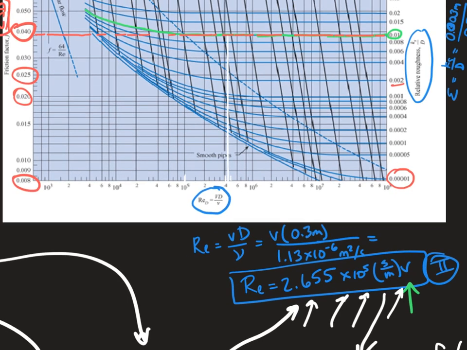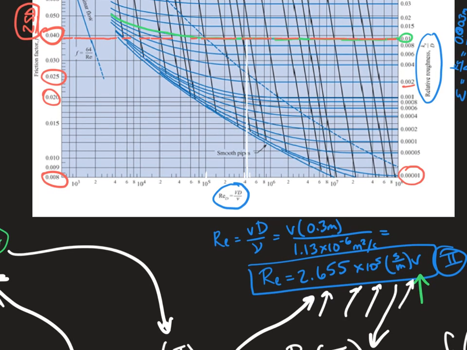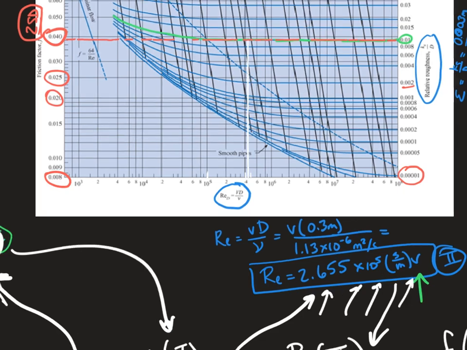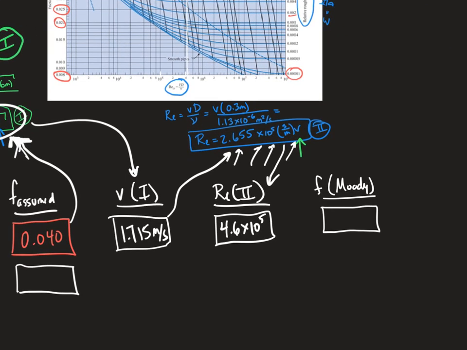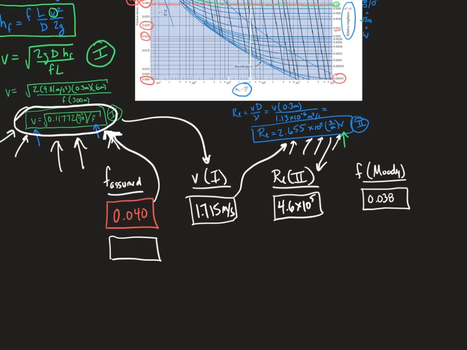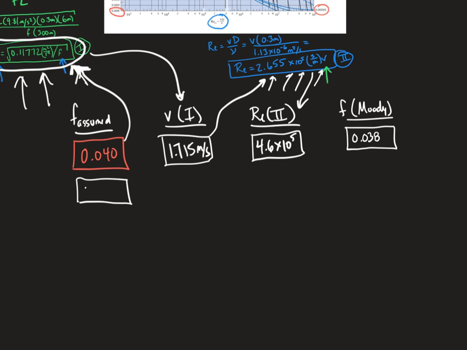Okay, so if I follow that to the left, I'm going to end up at that value that we had earlier, which was 0.03, or 0.038 is what it looks like. Okay, so this is going to be 0.038. And so we're going to go down here now and plug that in, 0.038.